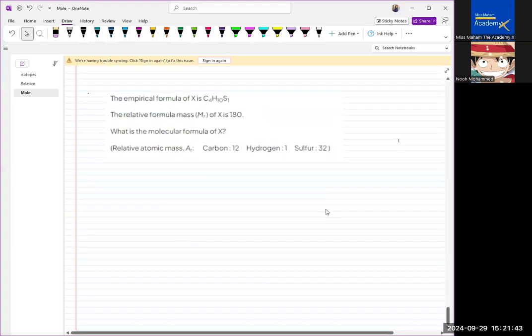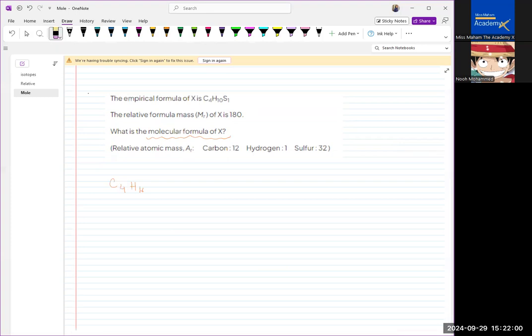The empirical formula is given, the relative molecular mass is given, and they're asking you for the molecular formula of X. Empirical formula is C4. It's the same question. Oh God. Hydrated copper sulfate crystals.